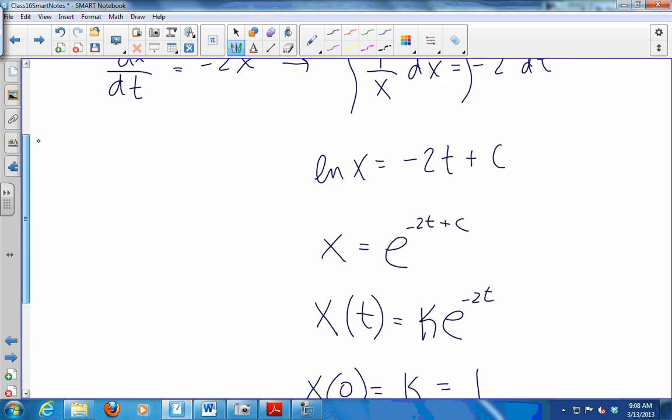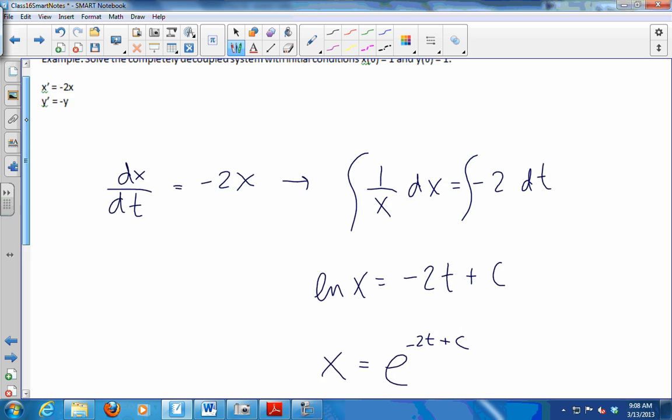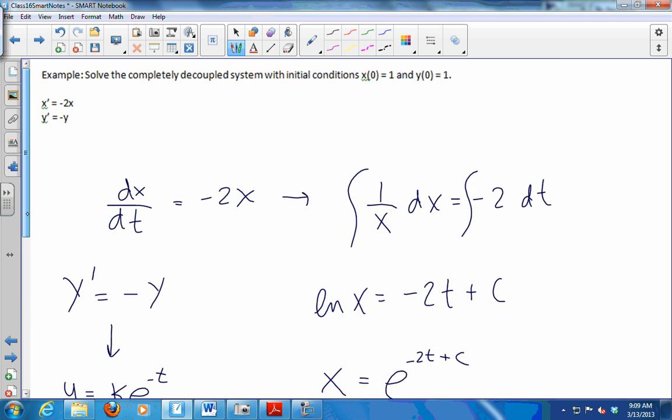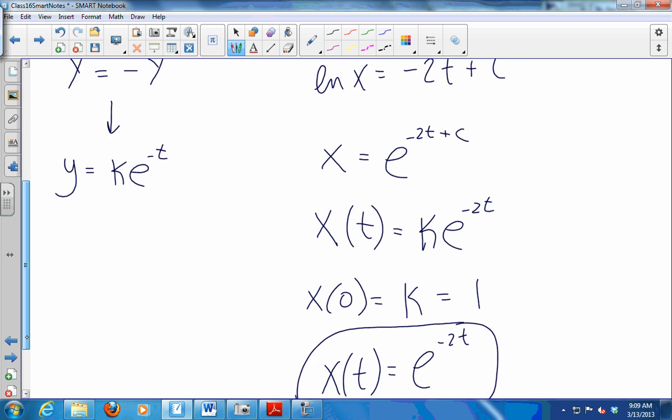So then we could do a similar thing for y prime equals negative y. The solution to that would be k e to the negative t. And then y of 0 is 1, which means that k is 1.